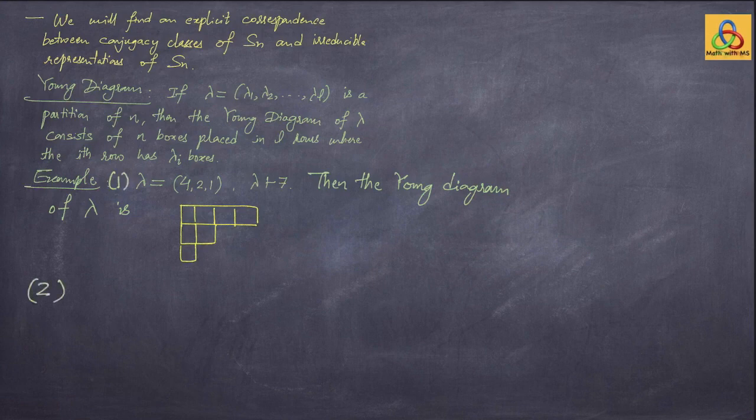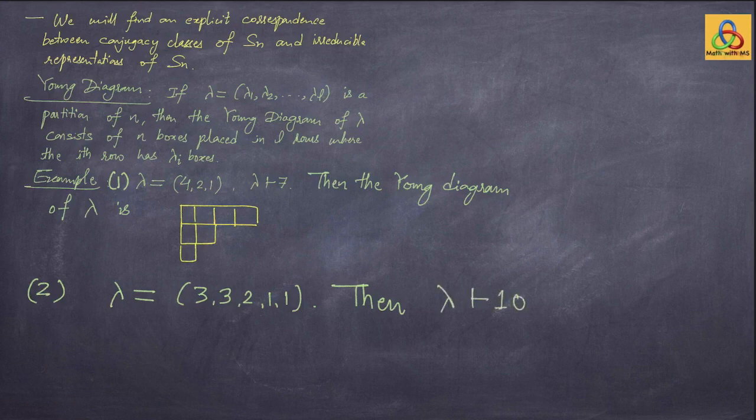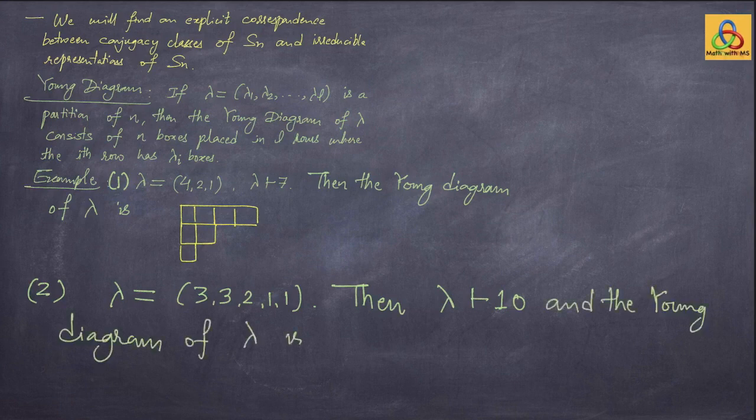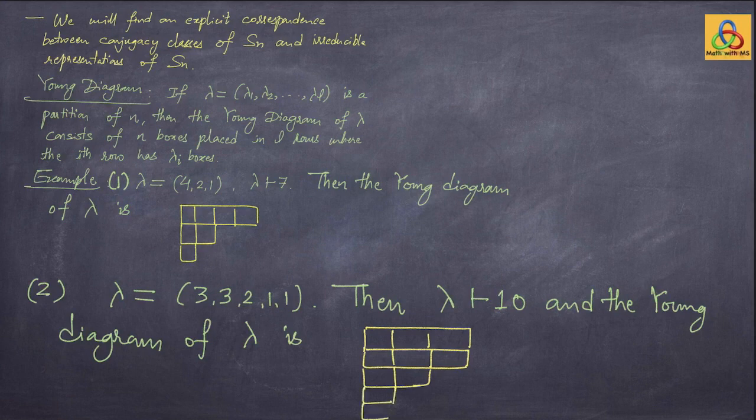Take one more example. Let us say lambda equals 3, 3, 2, 1, 1. Then lambda is a partition of 10, and the Young diagram of lambda is as follows. The first row has 3 boxes, the second row will again have 3 boxes, the third row will have 2 boxes, the fourth row will have 1 box, and the last row will also have 1 box.